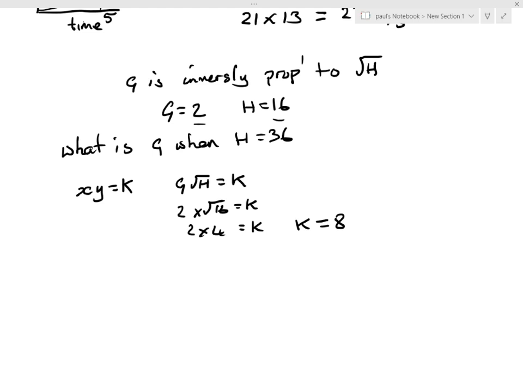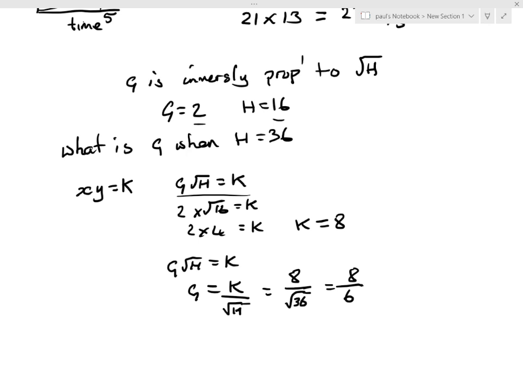Now, what is g when h is 36? So we'll write that down again. G square root h equals k. So we need to find out g. So g equals k divided by the square root of h. Let's put some numbers in. K is 8, and the square root of h is the square root of 36, which is 6, so 8 divided by 6. I don't know whether they're going to want plus or minus 6, but 8 divided by 6 equals 4 over 3.